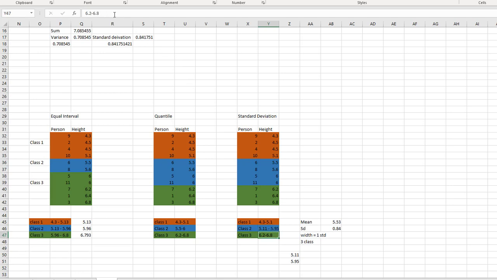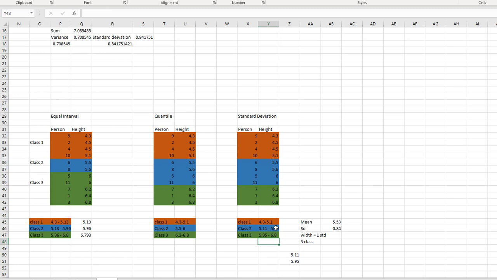Okay. So now, unfortunately, because we want 3 classes, we have to include the lower bound here. So this is going to be 4.3 to 5.1, and this is going to be 5.11 to 5.95, and then the third class is going to be 5.95 to 6.8.